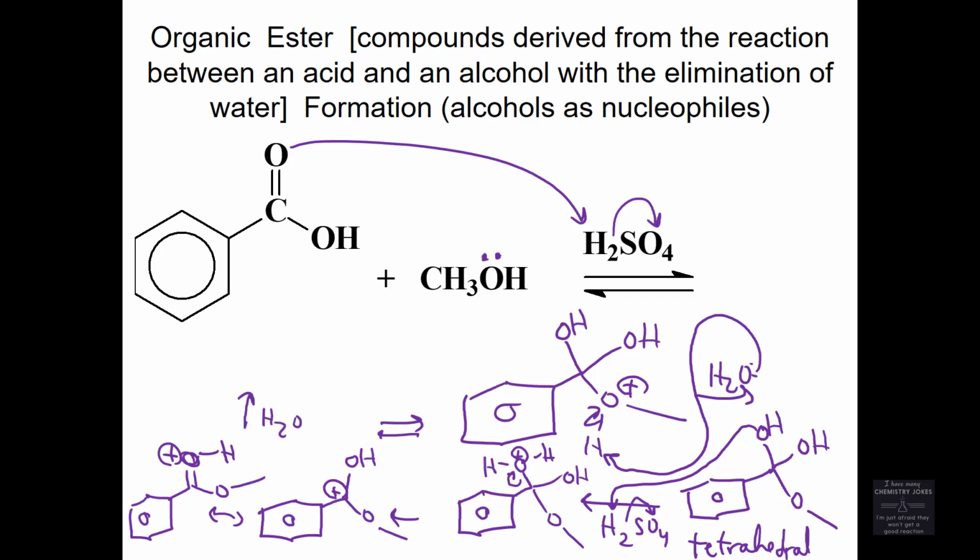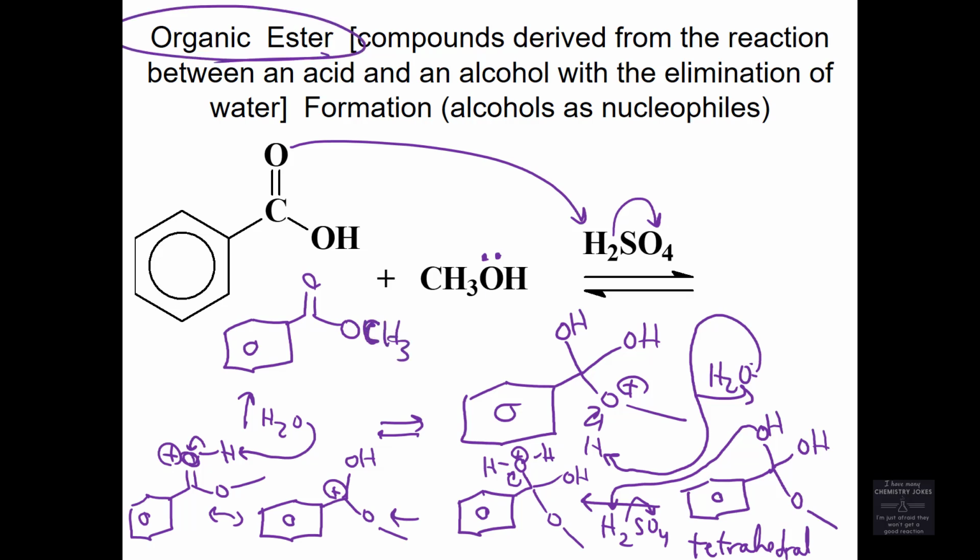Some base comes to clean up. We're going to use water. We will explain details later. And ta-da! We make an ester. It's officially called an organic ester, but we're just going to call it an ester.